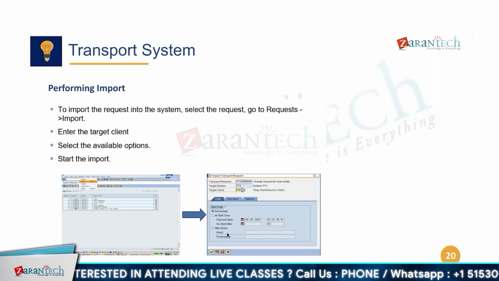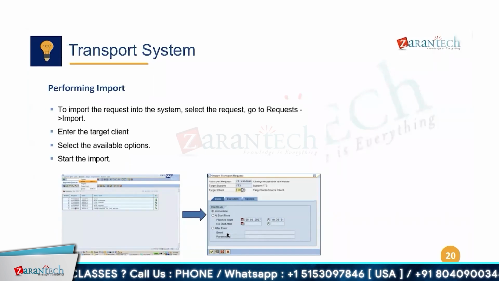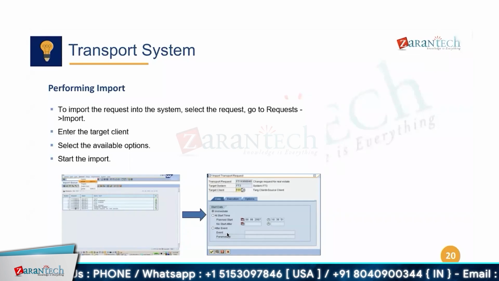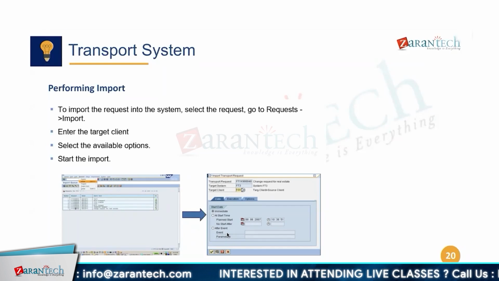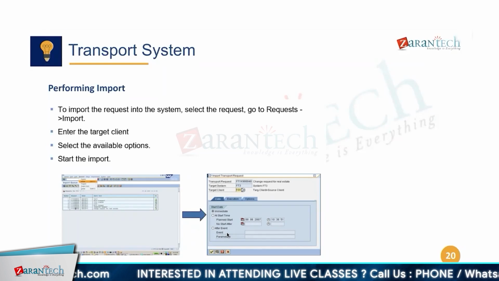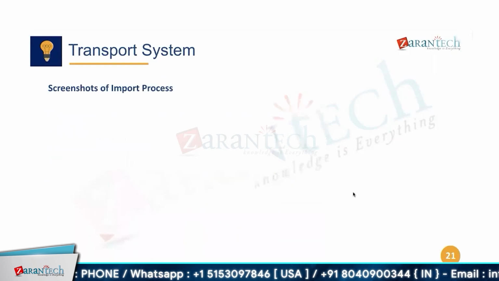Maybe in certification, these questions may come. What are the options where transports can be imported? Immediately, at start time, planned start time, and then after an event. Many people do not know after an event, so just know this as well. But very rarely we use it. Planned start, SAP landscapes use it, but immediate is when you are doing it manually.